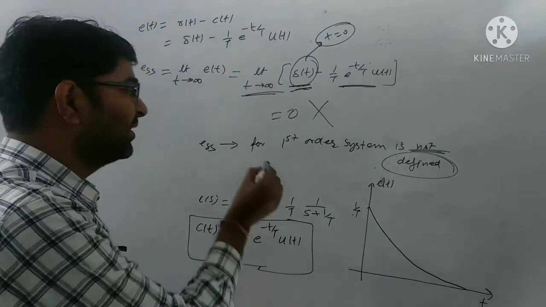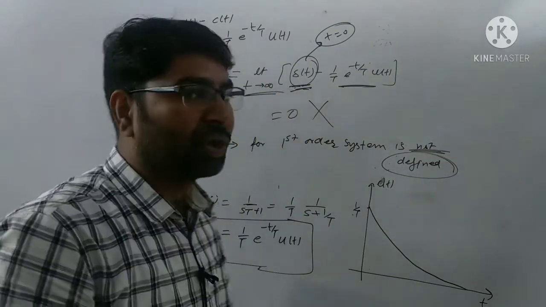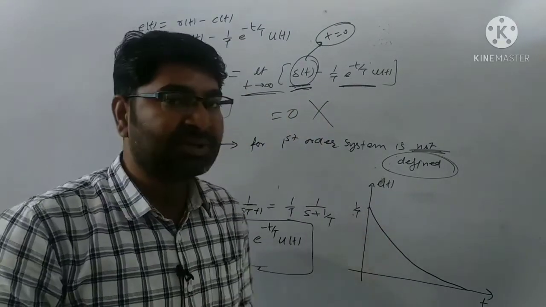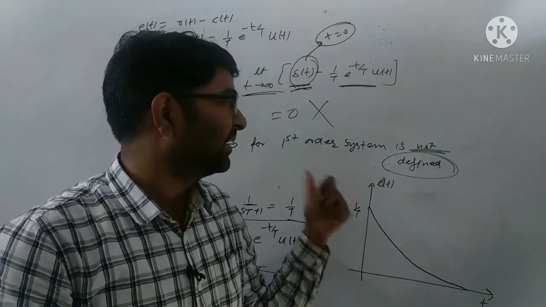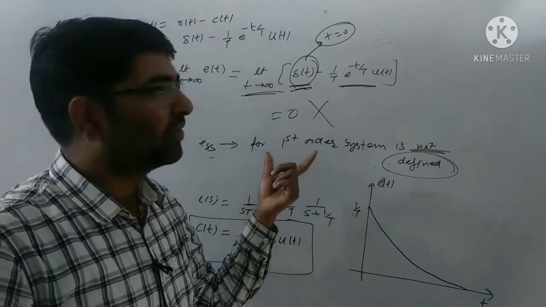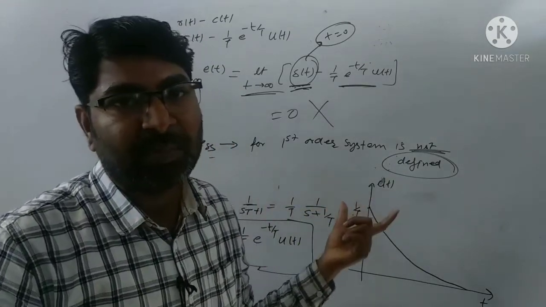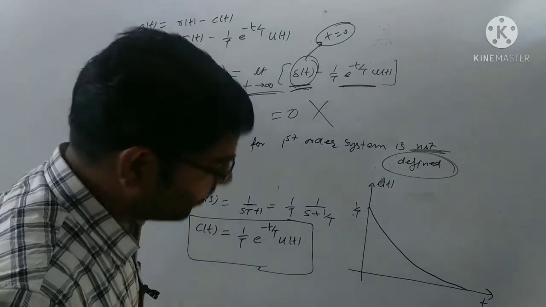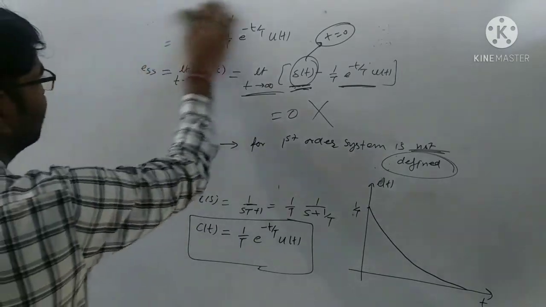At t equals infinity my input is not present, so we cannot compare the response. That's why we can say the steady state error for the first order system for impulse input is not defined. Clear?